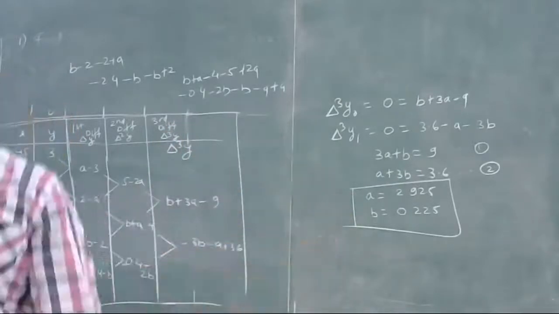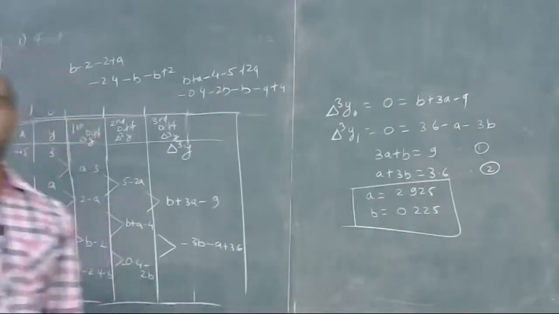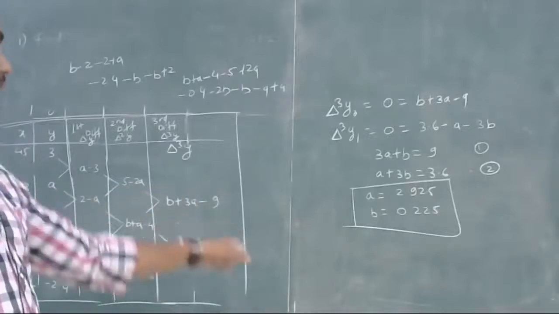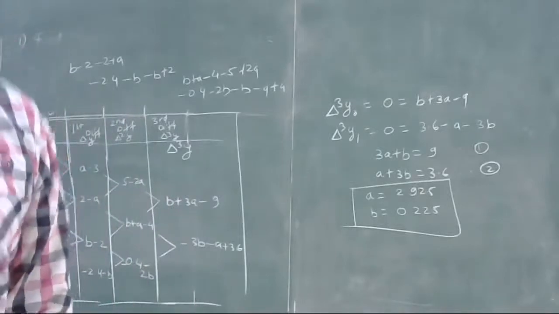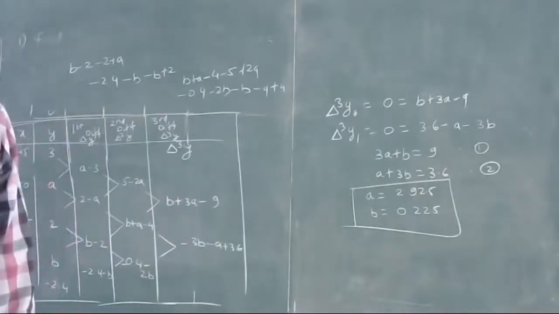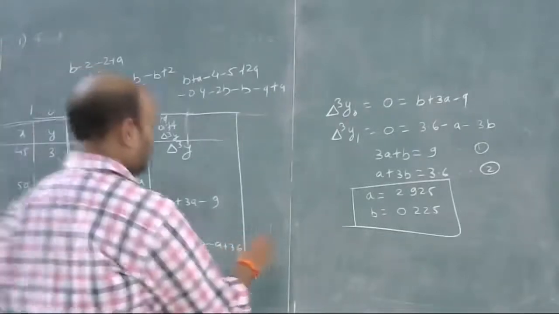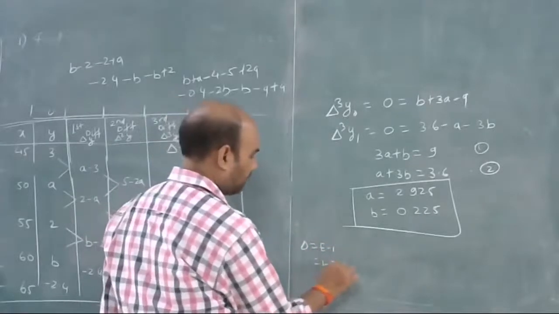Okay, so there is one other method, an alternative method, to find the value of a and b by using E. Okay, so if you have some doubt in this, I will discuss this in next class. Okay, we will solve these equations, E is equal to 1 plus delta and delta is equal to 1 minus E inverse, in next class.